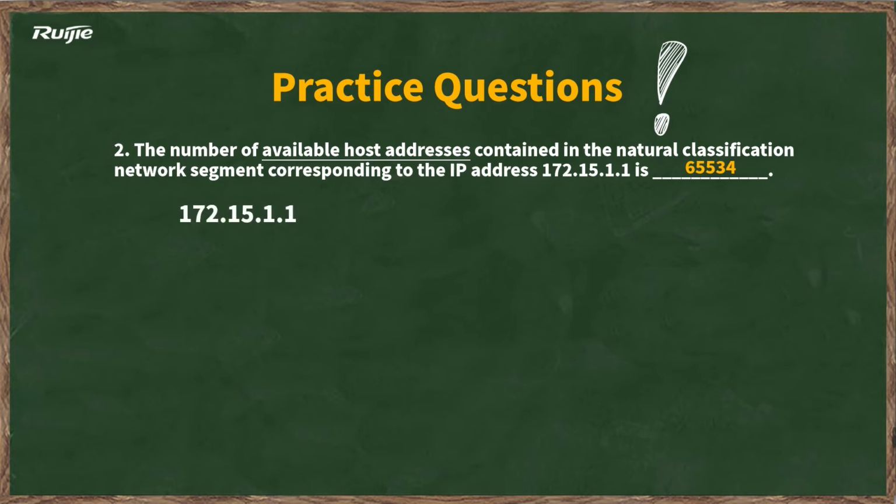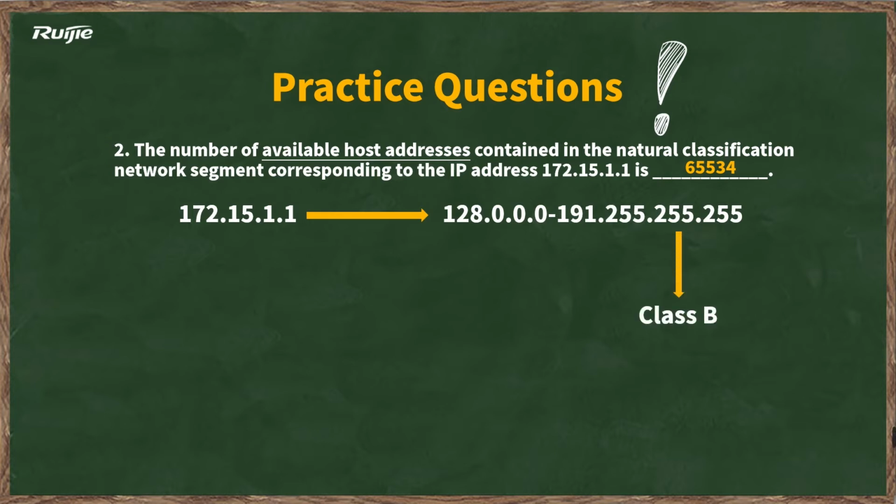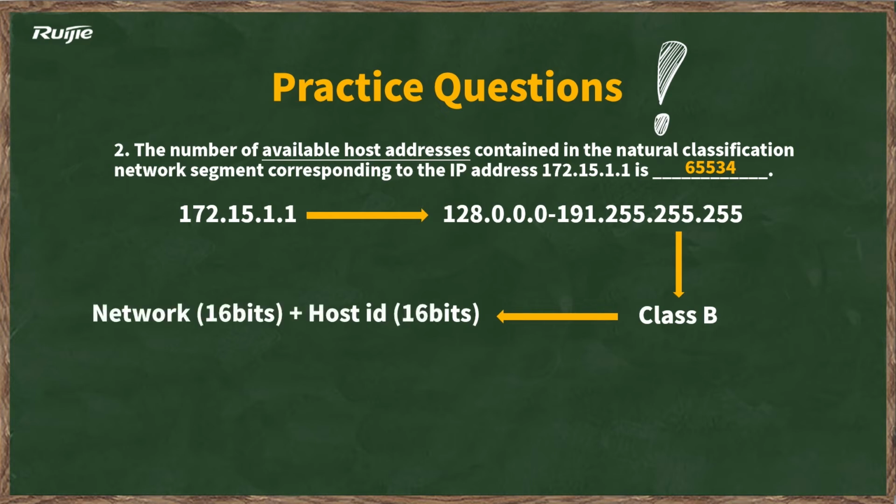First, the address 172.15.1.1 belongs to the range 128.0.0.0 to 191.255.255.255, which is class B. In class B, the first 16 bits are the network part, and the last 16 bits are the host part.